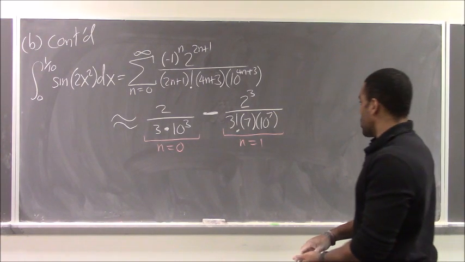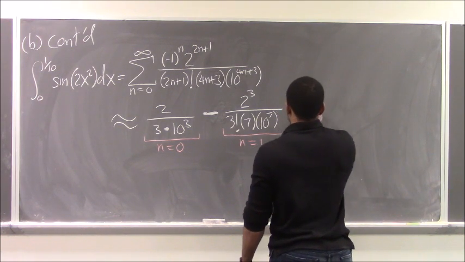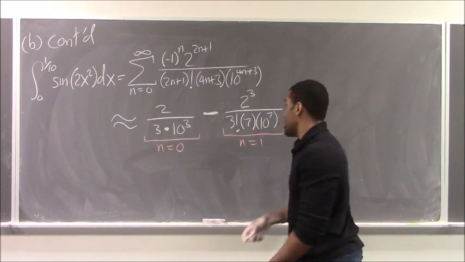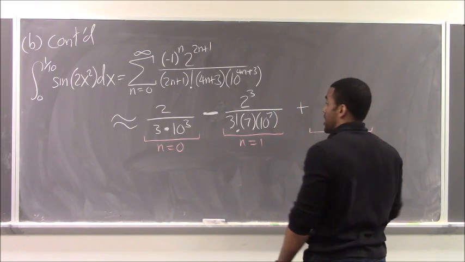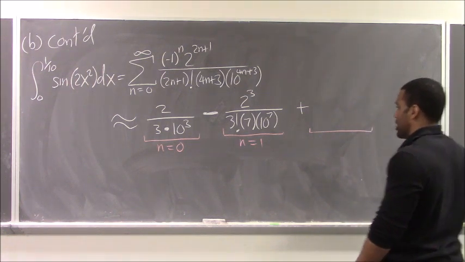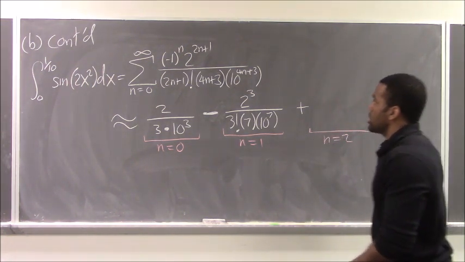Now I'm going to calculate another term, and hopefully that will be a hint as to part C. You'll eventually figure out how we can answer part C by me calculating this other term. If n equals 2, I would get a plus sign.